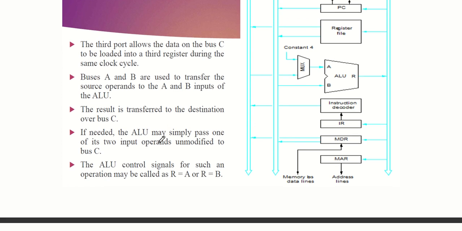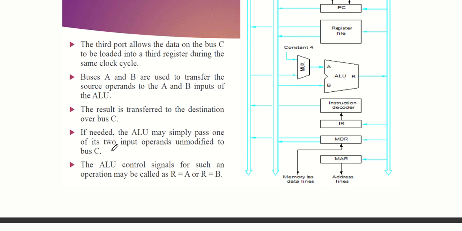The ALU control signals, if needed, may simply pass one of its two inputs unmodified into bus C. This is what he's saying. Sometimes you have something in register A and you want to transfer it to register B. Now they are adding an ALU operation which is just a transfer.